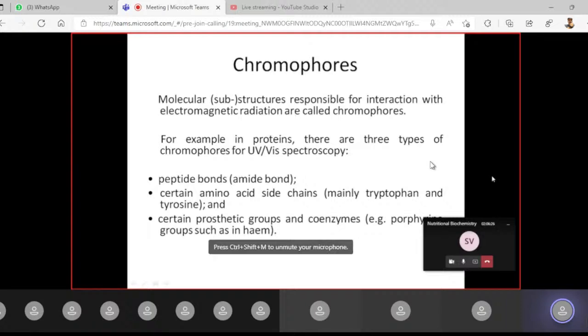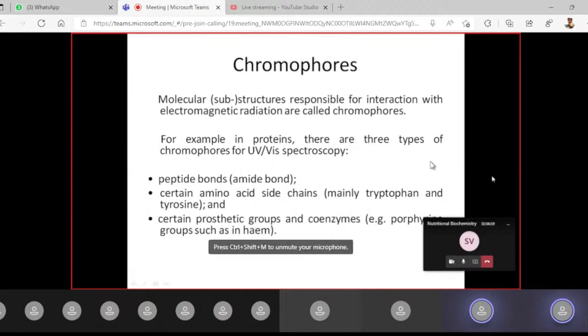But if you want your molecules to absorb in the visible range, you have to make them colored. That's why we add some reagent and make them colored. For protein, you add biuret and make them colored. For amino acids, you saw that you can add ninhydrin. And for carbohydrates, what can you add to make them colored? Any guess? What reagent can you add to reducing sugars to form a colored complex?